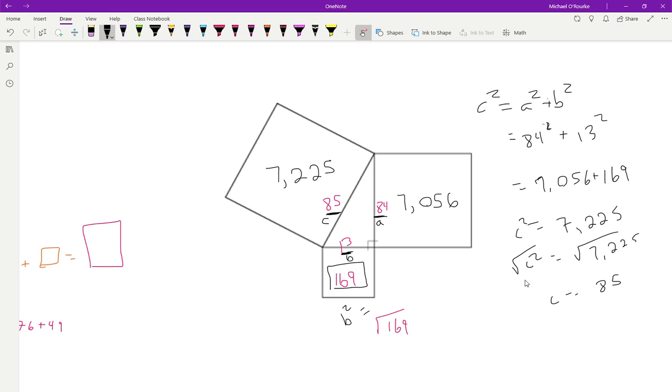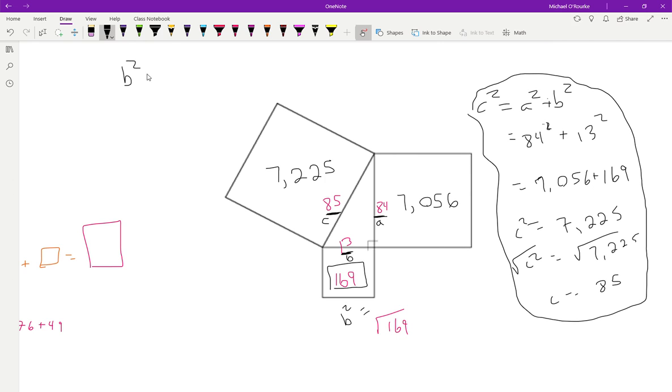This is all the stuff you guys just did. In this case, to get 13, you actually did this part. We did b squared equals c squared minus a squared.